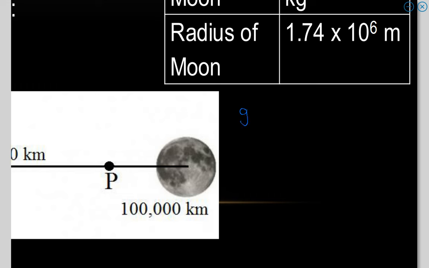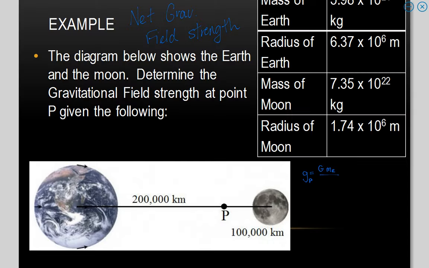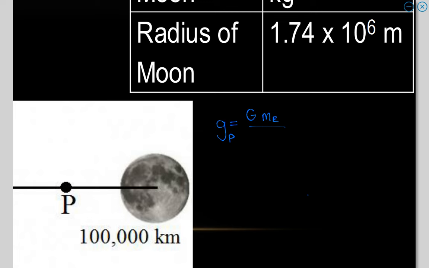You would want to calculate g for the point P using capital G, mass of the Earth, divided by, what's the distance for point P? 200,000 times 10 to the 3, squared.